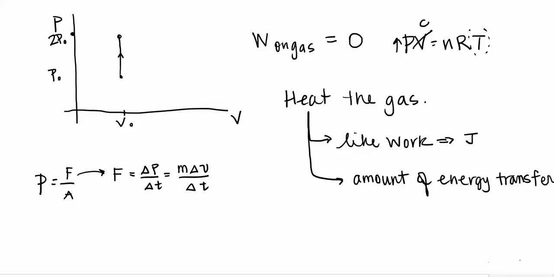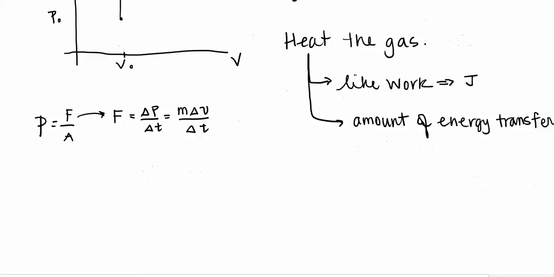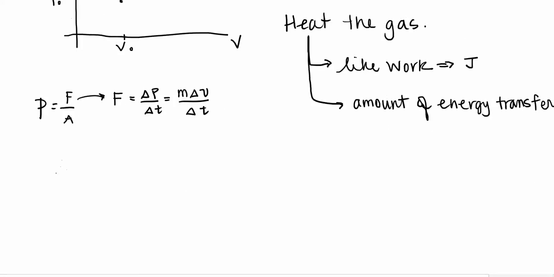Okay, so how are we going to do that? Well, if we look at the average kinetic energy, it was 3/2 k_B times T, right? And this k_B was equal to what?